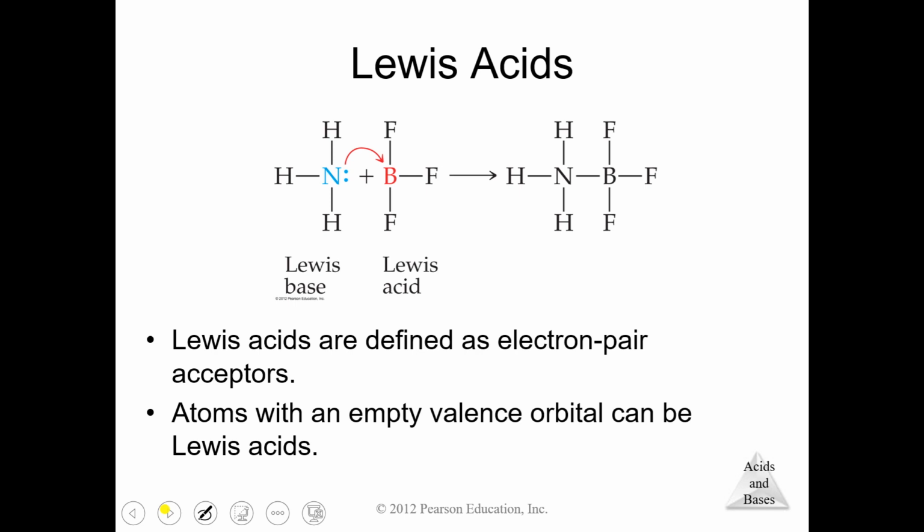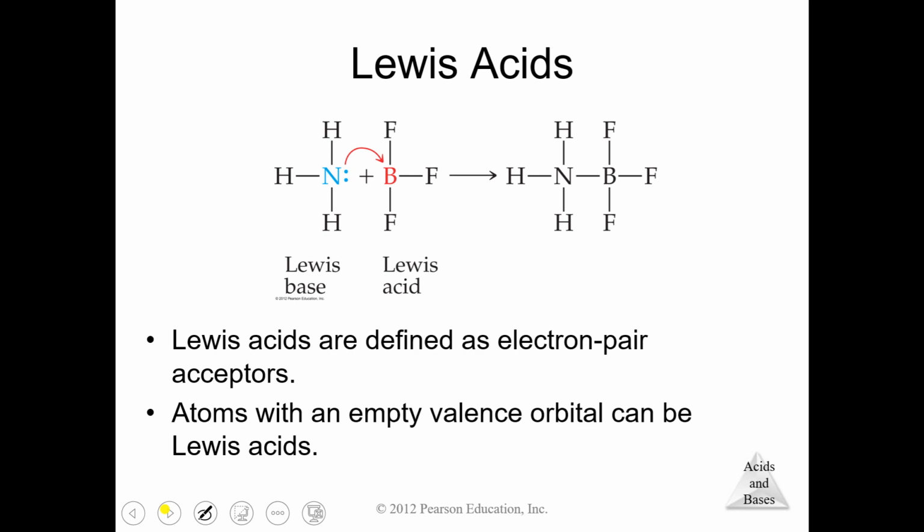That's when we got into Bronsted-Lowry acids and bases, and we said, okay, Bronsted-Lowry acids will donate a hydrogen, and Bronsted-Lowry bases will accept that hydrogen. With Lewis acids, now what we're talking about is the donation no longer of a hydrogen, but a donation and acceptance of the actual electron pairs, the lone pair of electrons.